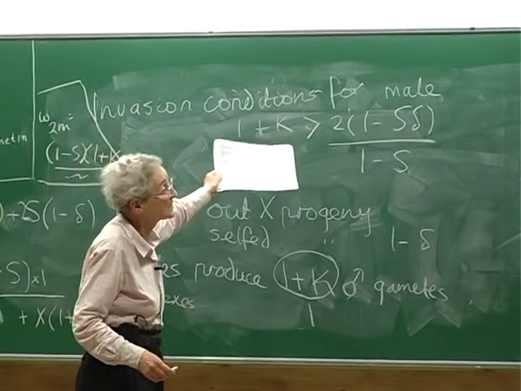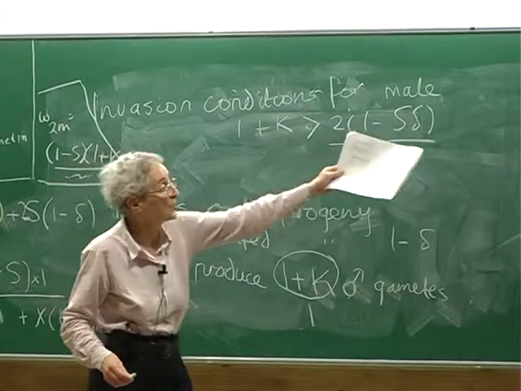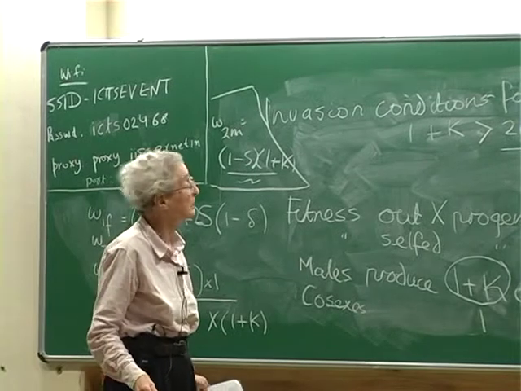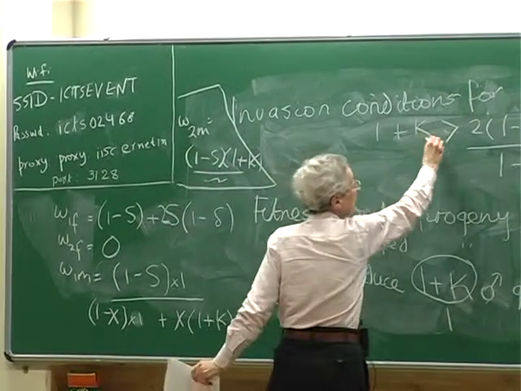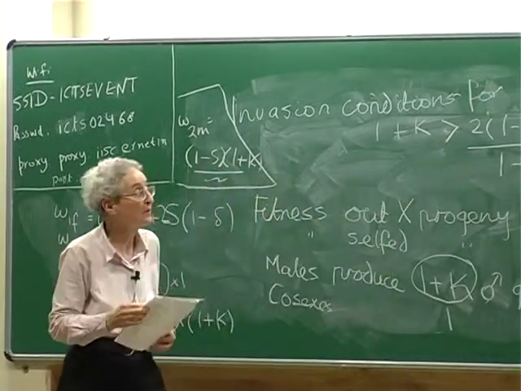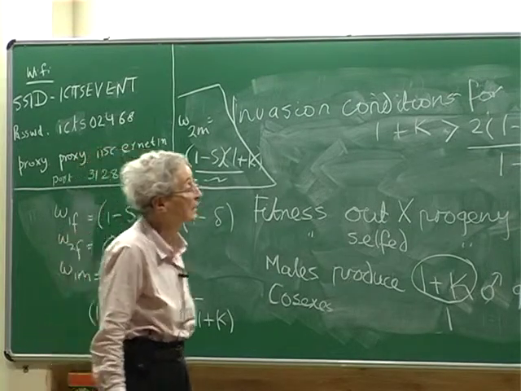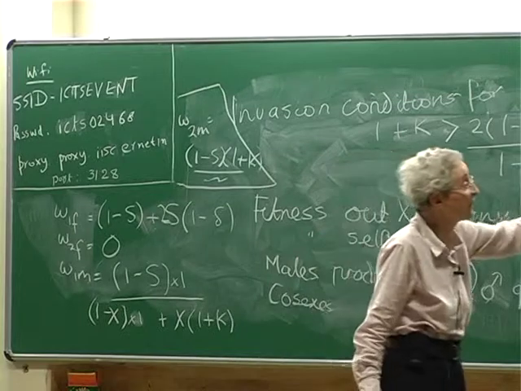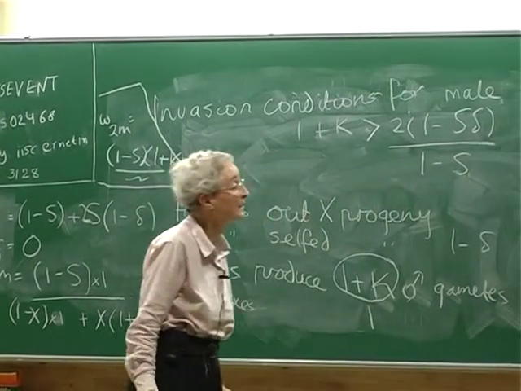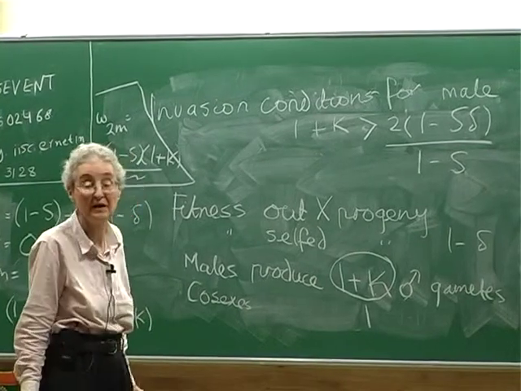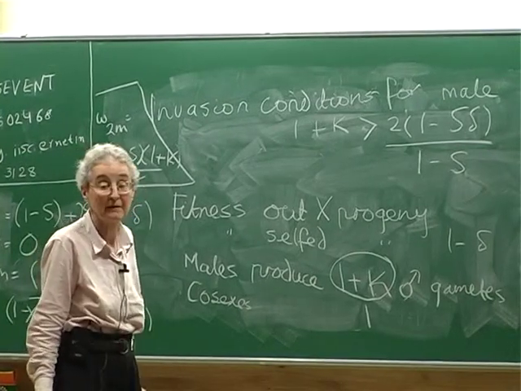If you compare this one with that one, obviously we could put this in terms of K if you like. That's very simple, I won't do it. But there's a different result for male, invasion by males and invasion by females, right?